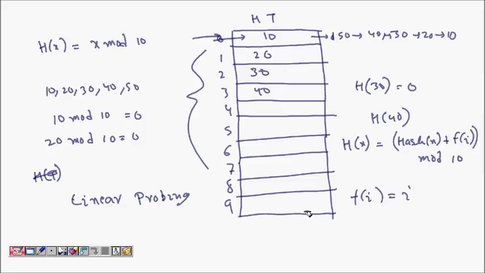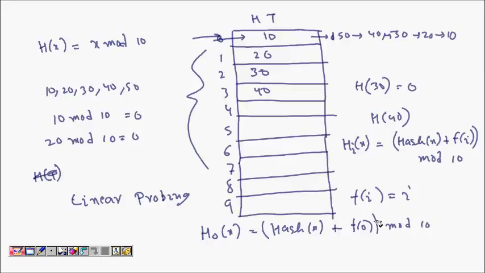So this is h_i(x). The first time I could not get some space, so now h_0(x) will be hash of x plus f(0), which is equal to 0 itself, mod 10.